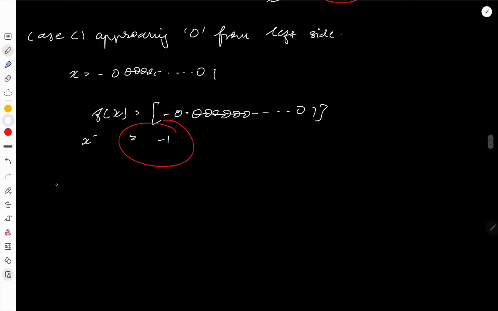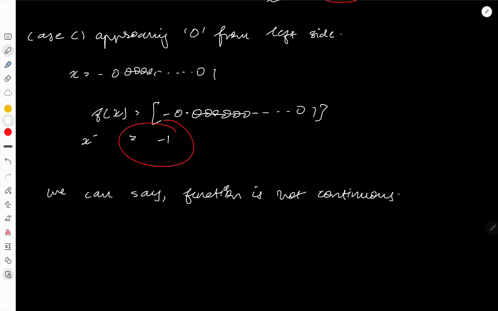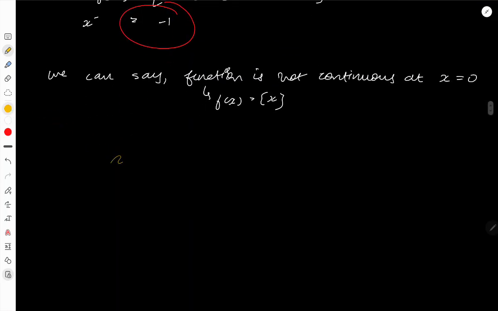So we can say the function is not continuous at x equal to 0, where f of x is box of x. And we have seen that in the graph also of box of x, the greatest integer function, that it's a stepwise function. I'll still draw a graph for those who don't know it.